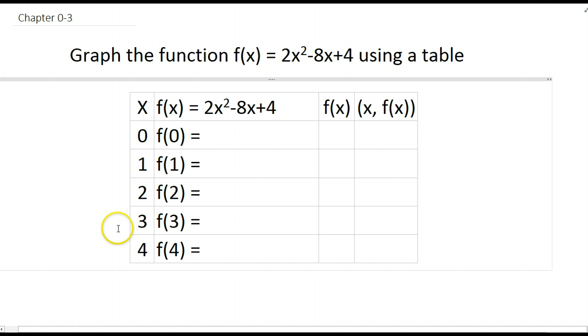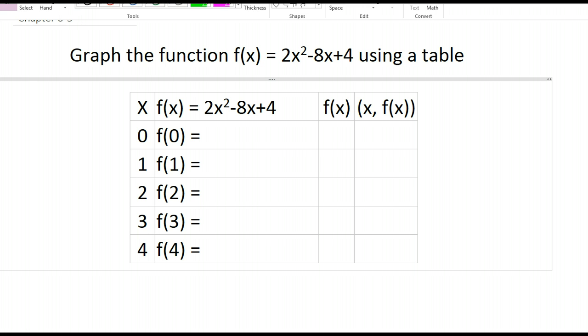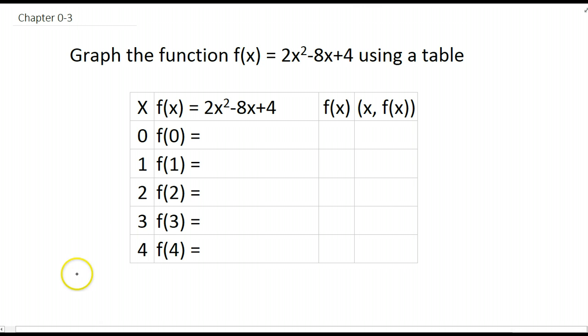Okay, so the first thing we need to do is find values to put in for our x. So I chose 0, 1, 2, 3, and 4, same as the book, for our x values, and that's down the first column of our table. So then we put in that 0 for every place you see an x.